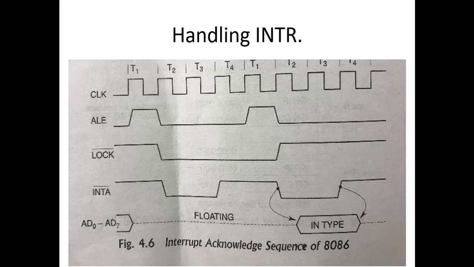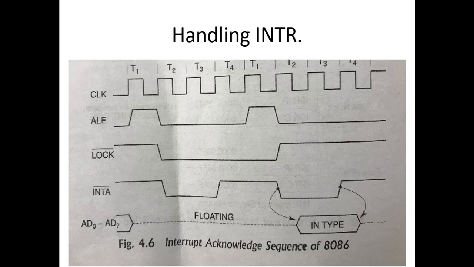Then here we can see the LOCK signal. That means when an external device interrupts the processor, the pin LOCK goes low at the trailing edge of the first ALE signal. You can see that in the timing diagram. At the trailing edge of the first ALE pulse, this goes low, and it prevents the other devices from requesting the bus for any other purposes.